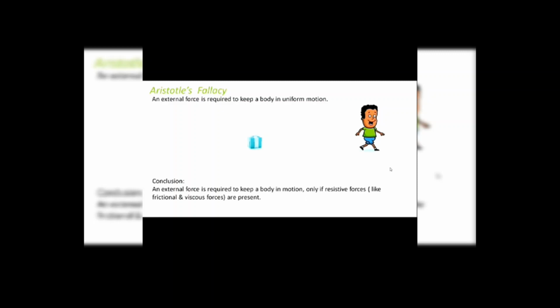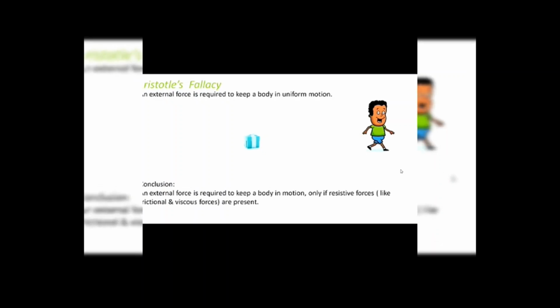So it's not that the external force alone is responsible for the body being in uniform motion. The frictional force also has a role to play. Let's imagine a situation where you don't have any frictional force, that is, the surface is extremely smooth and slippery. In that case, what would happen? Do you think that an external force would be needed to move the body?